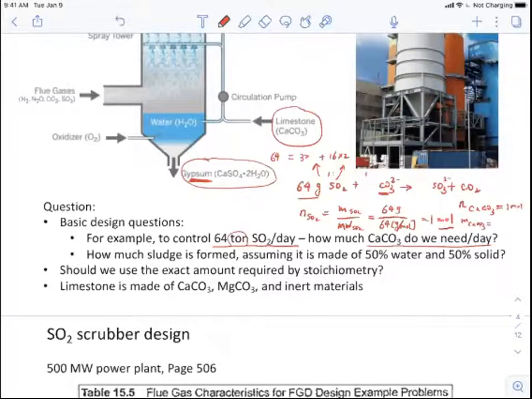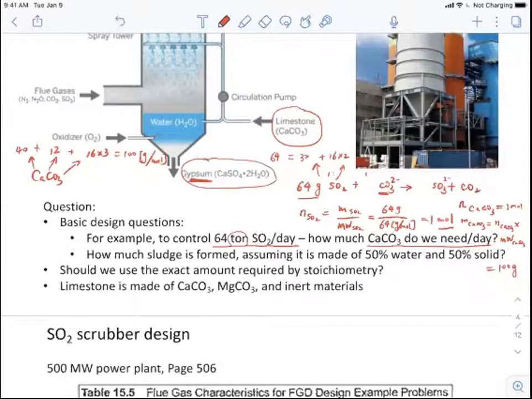That is this n here multiplied by the molecular weight. What is the molecular weight of calcium carbonate? Calcium is 40, carbon is 12, and oxygen is 16, but you need to multiply that by 3. If you add them together, that's exactly 100 grams per mole. So 1 mole times 100 is 100 grams.